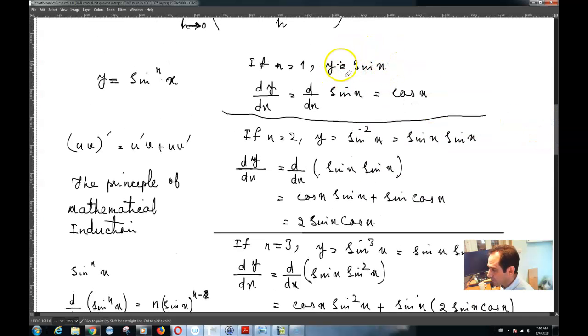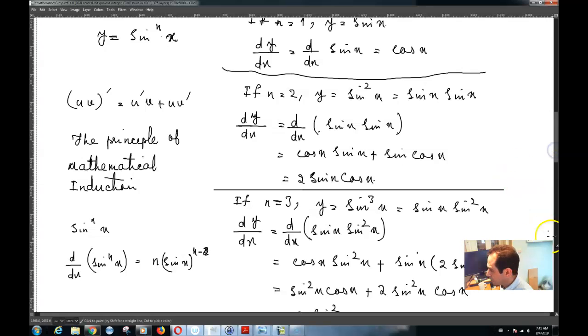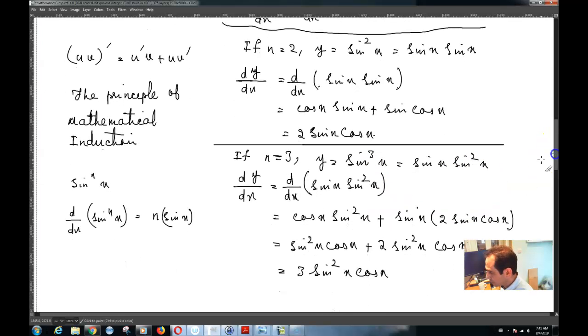If n is equal to 1, then 1 minus, no, not that. So you have sine x and cos x over here. Now when n is equal to 3, you have sine squared x, so that is n minus 1, raised to the power n minus 1.